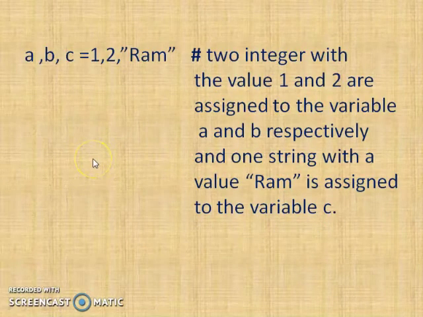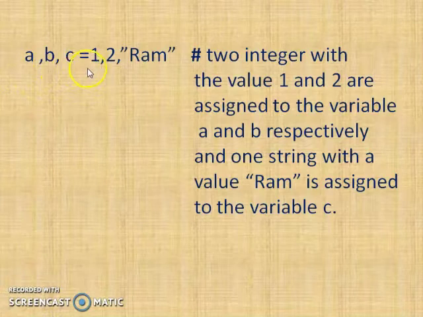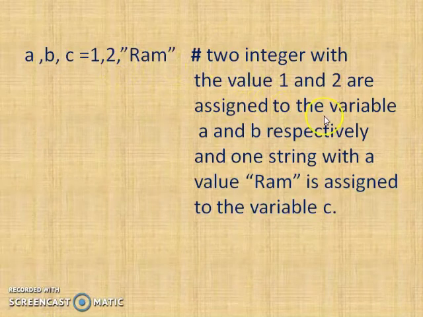Now we can also assign the different values to different variables in a single statement by using comma. You can see that I have used here a, b, c variable with the value 1, 2 and RAM respectively. So two integers with the value 1 and 2 are assigned to the variable a and b respectively, and one string with the value RAM is assigned to the variable c. This we can do in a single statement.